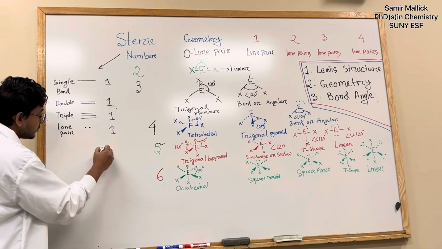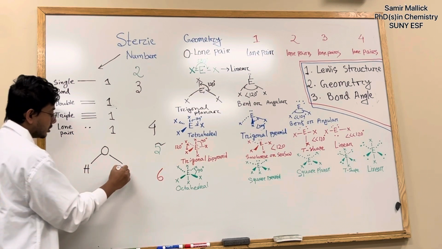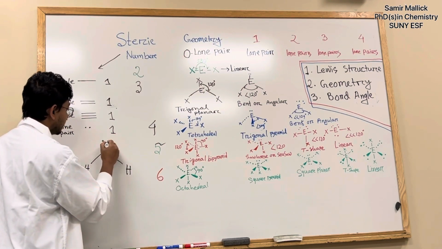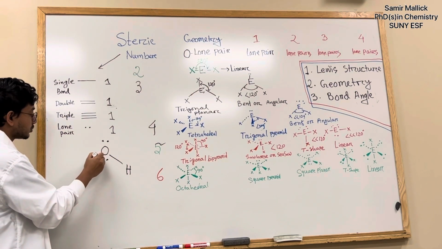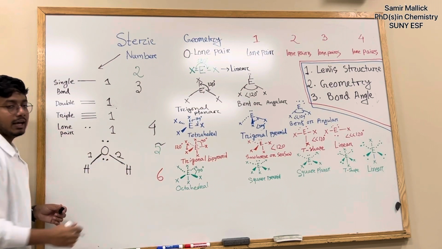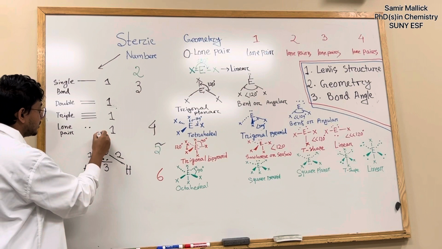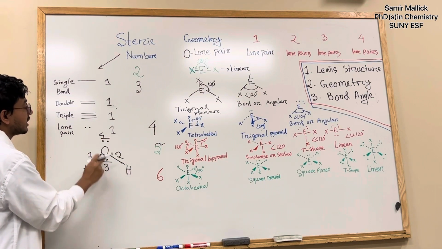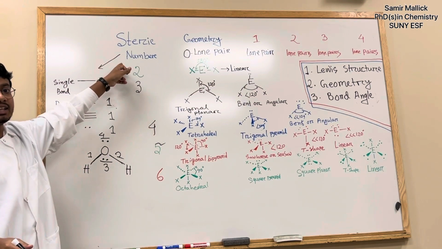We already know the structure of the water molecule. In the water molecule there are 2 single bonds and 2 lone pairs: 1, 2, 3, 4. This number is counted as the steric number.